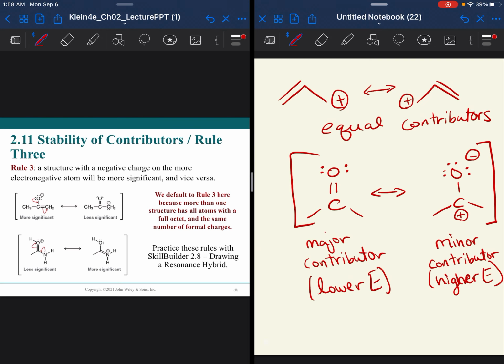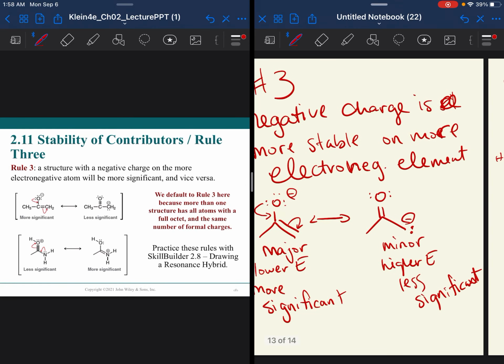Because look what we have here. We have one carbon that does not have a full octet. Well, we have one carbon that does not have a full octet. They both have a +1 on one atom. And the plus charge is on carbon in both cases. So we go all the way through those rules. We find no difference. They're going to be equal contributors.